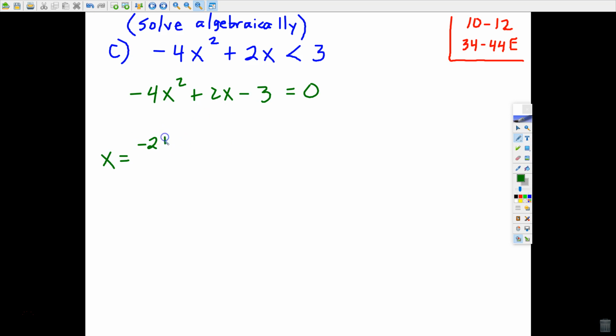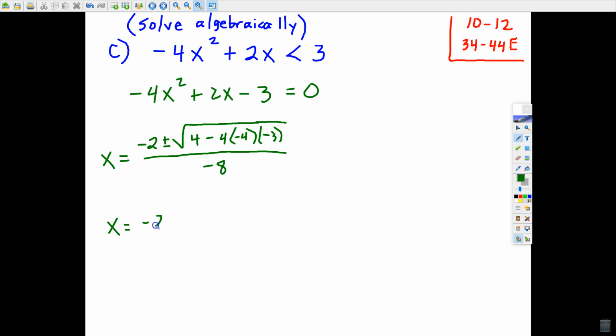The opposite of b plus or minus the square root of b squared minus 4 times a times c, all of this over 2 times a, which is negative 8. So again, do all this multiplication first, and you get negative 16 times negative 3, which is 48, and 4 minus 48 is negative 44.